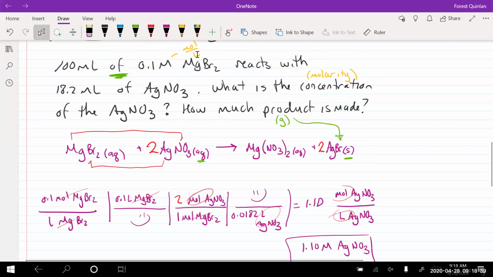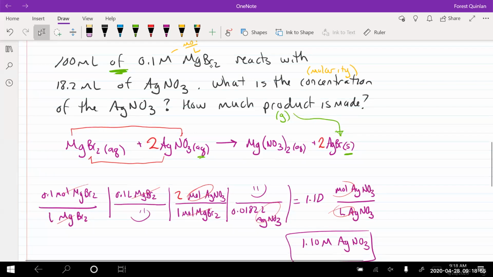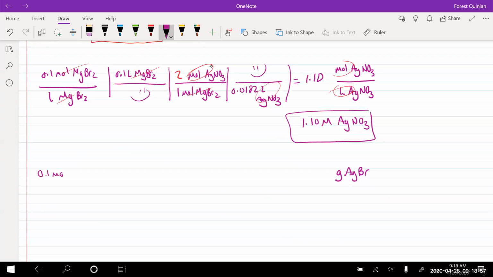Now, those are currently the moles of magnesium bromide and not silver bromide, but we should be able to work with that. So let's take a look. Come back over here. And you'll notice, by the way, 0.1 moles of MgBr2 per liter of MgBr2.